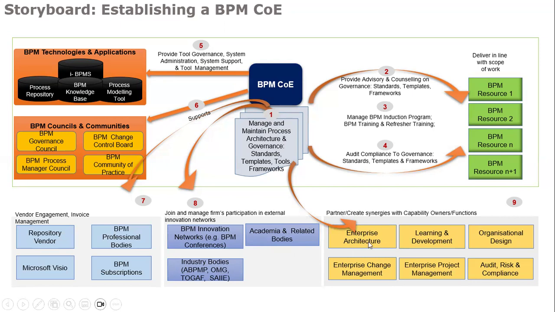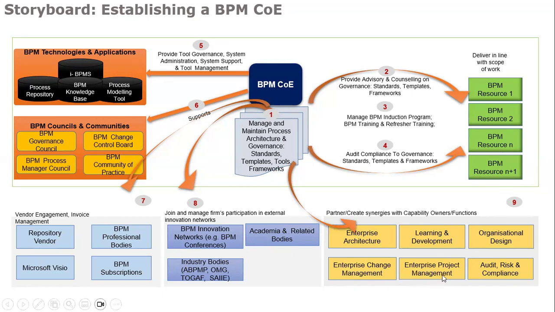Hence you also need to align with the enterprise architecture team in the organization. Then at the bottom right, you'll read it for yourself, but from a change management perspective, improving processes is all about managing change. So align as well with the change management team in the organization, so that there's coherence in how this is approached.